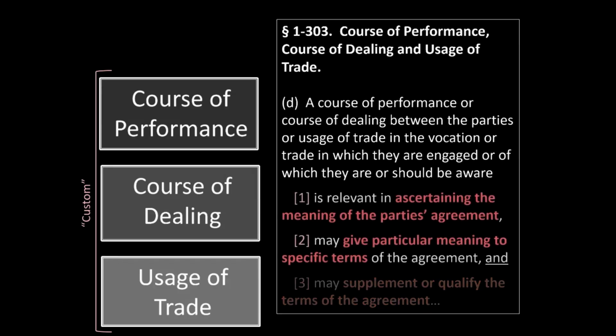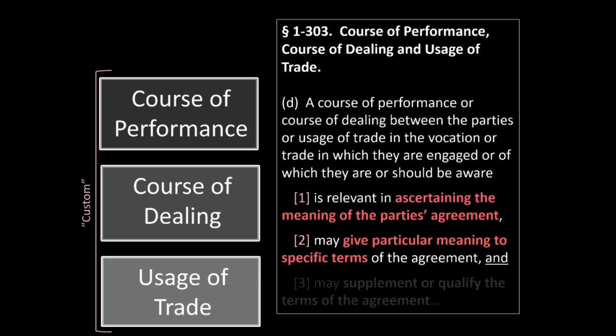In addition, subsection E says that a course of performance or course of dealings between the parties or a usage of trade is relevant in ascertaining the meaning of the parties' agreement and to give particular meaning to specific terms of that agreement. Stated differently, customary terms may be used to help interpret the express terms of the parties' agreement, the terms the parties use to articulate their understanding.